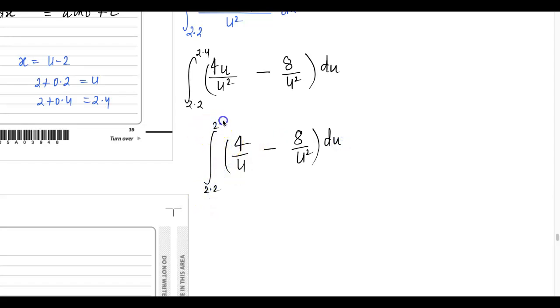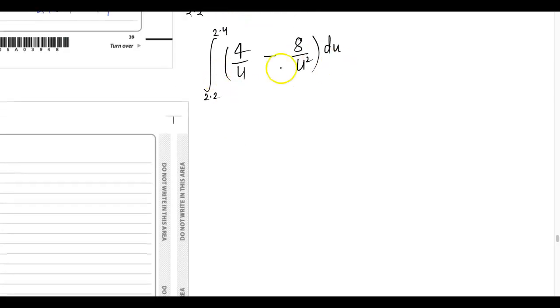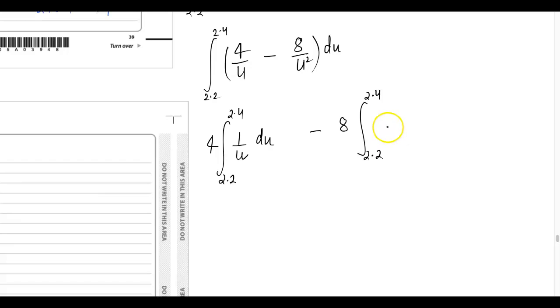From 2.2 to 2.4. Now let's split it. That's easy: 4 outside, 1 over u du, minus 8 times 1 over u squared, or u to the power minus 2, du.